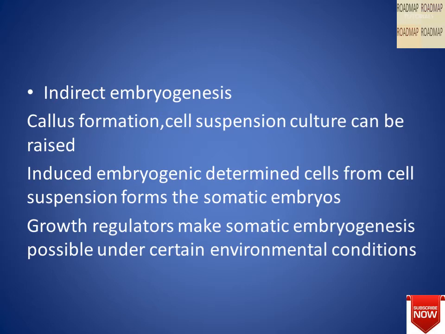So the embryogenesis is made possible due to the presence of the growth regulators, and it is formed under certain chemical environmental conditions. So there are certain environmental conditions, and it is possible with the help of the growth regulator. So this is about indirect somatic embryogenesis.